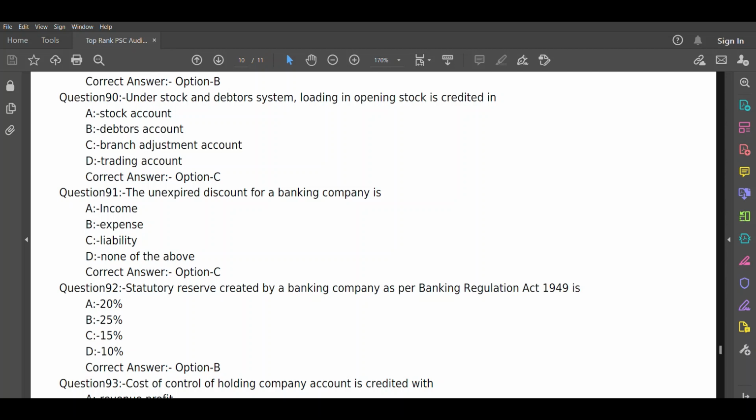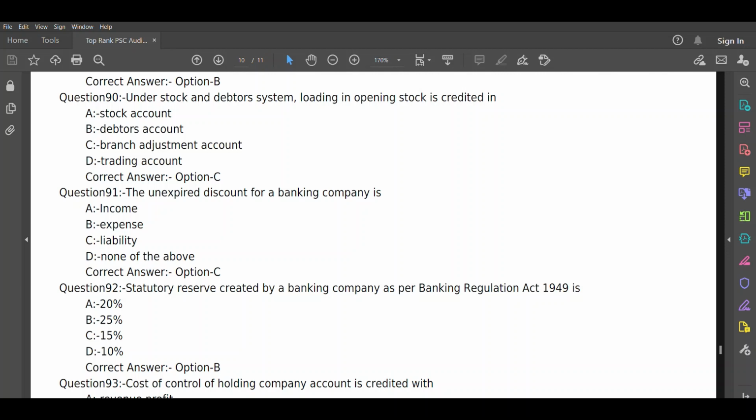Under stock and debtor system, loading in opening stock is credited in branch adjustment account.